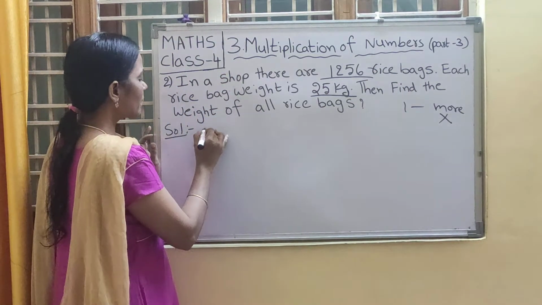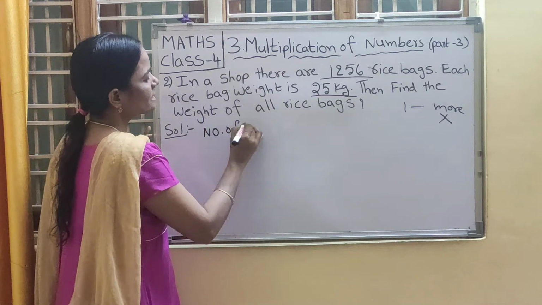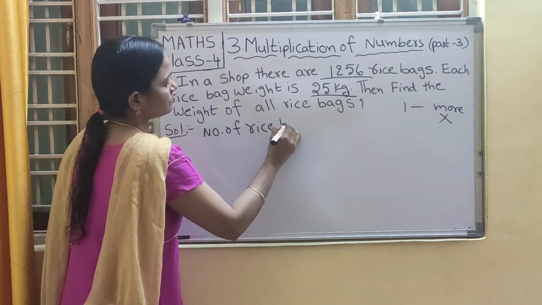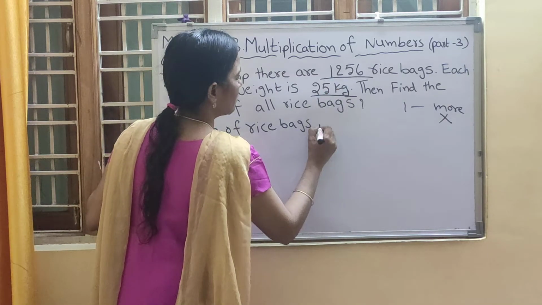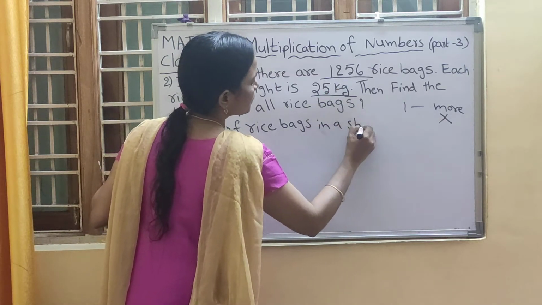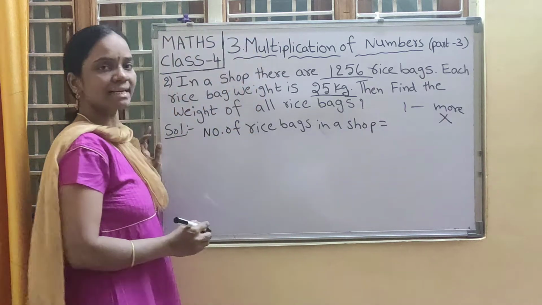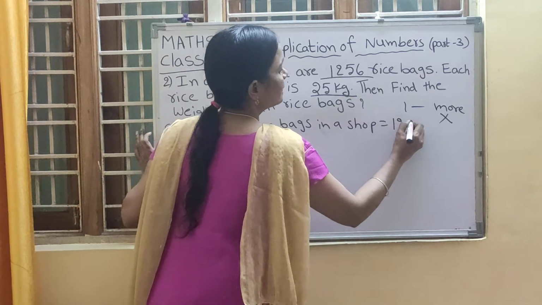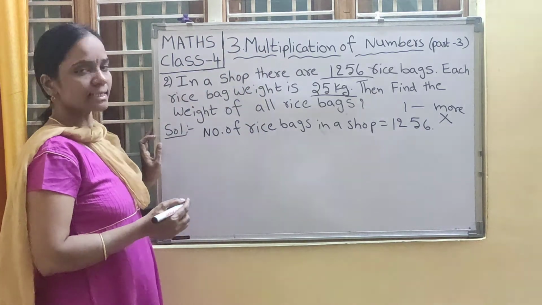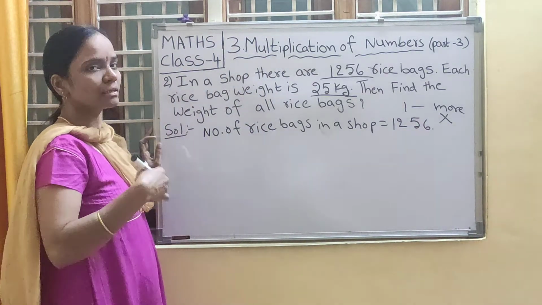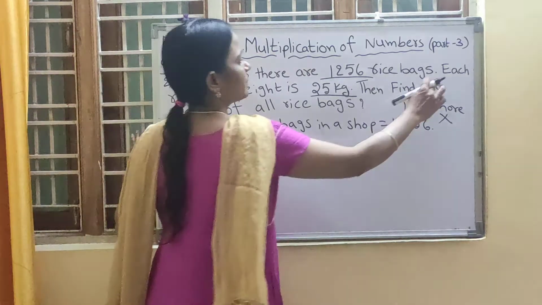So write down number of rice bags in a shop is equal to, how many bags are there? 1256.